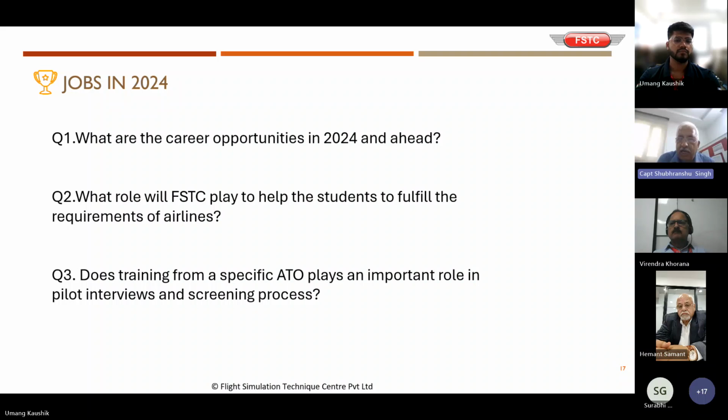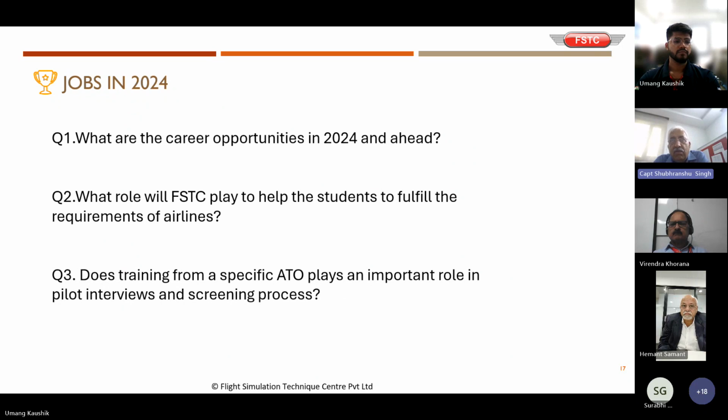Whereas, not naming any other ATOs from abroad, and for the reasons highlighted by Captain Saman, we really found a lot of difference in the standards of pilots who are doing their type rating from abroad.